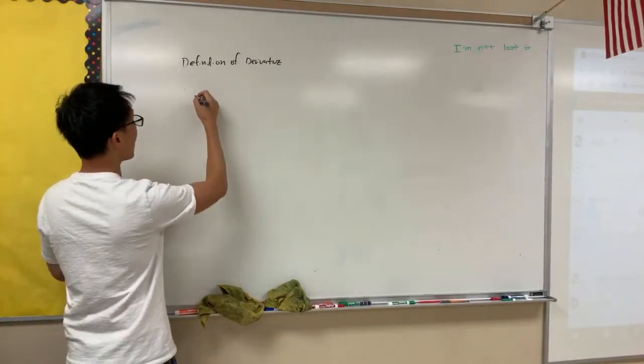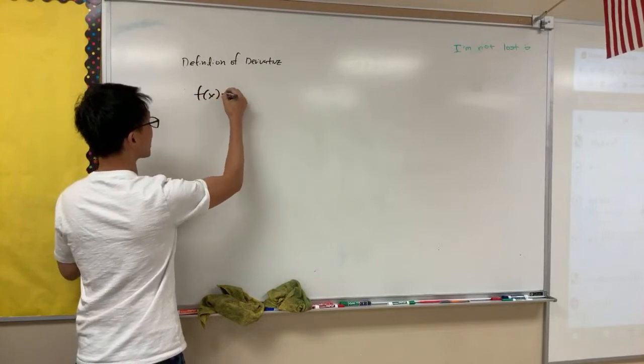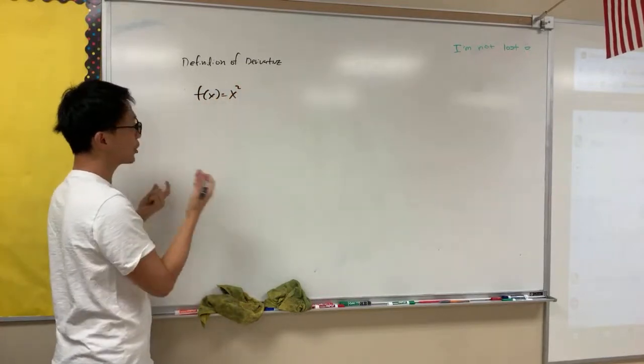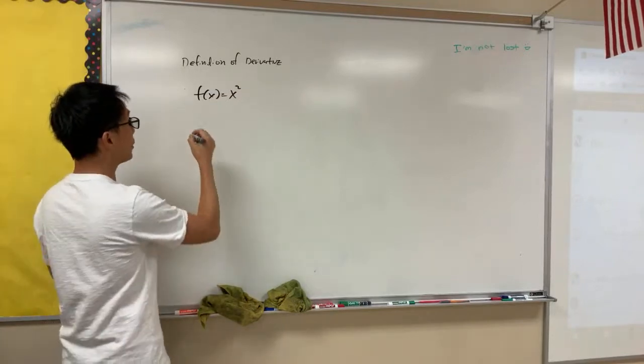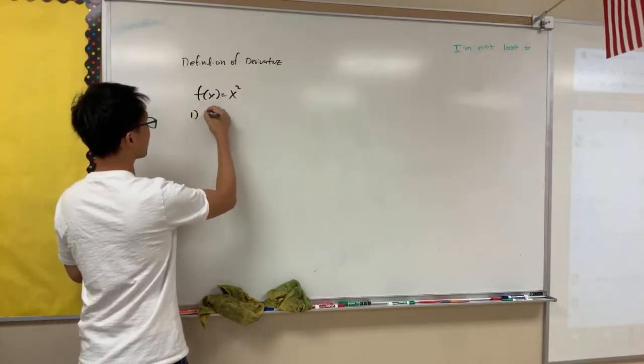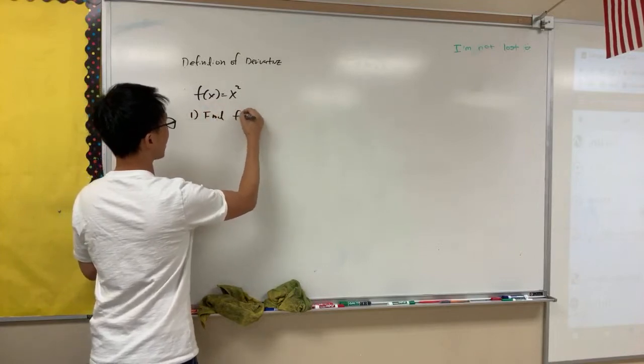We're going to start with f of x equal to x squared. The first part of the goal is to find f prime of x.